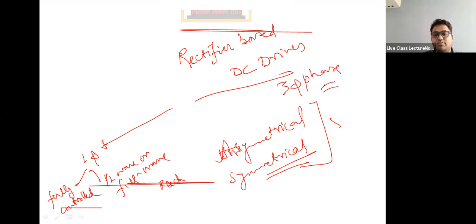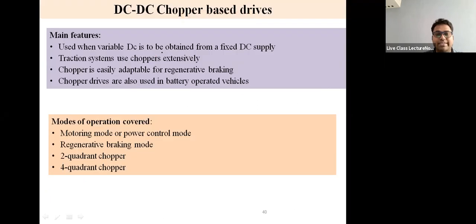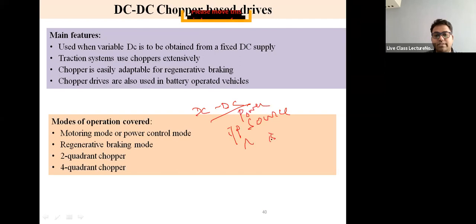So after this, we come to DC-DC chopper based drives, right? DC-DC is used where the input power source is a DC source, right? So give me an example of such a thing.